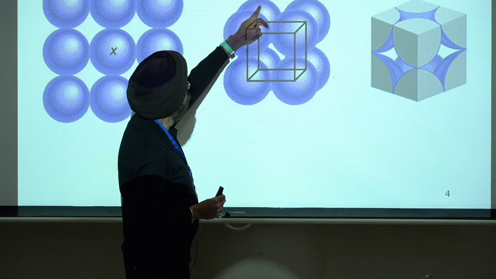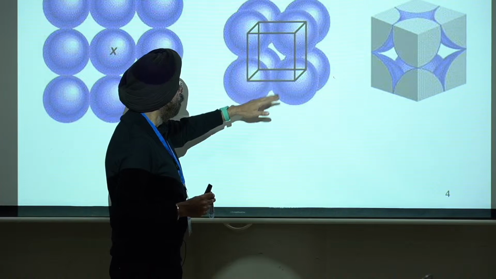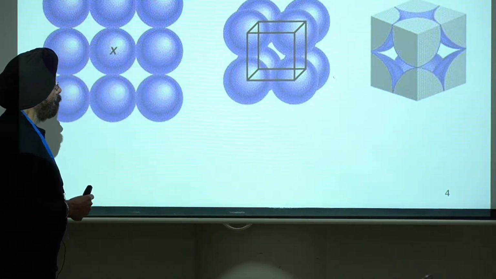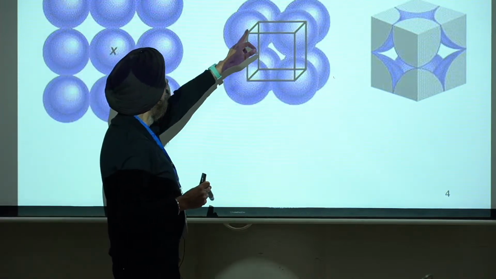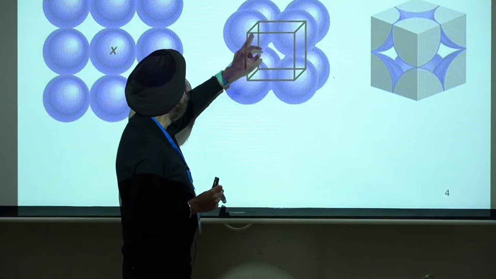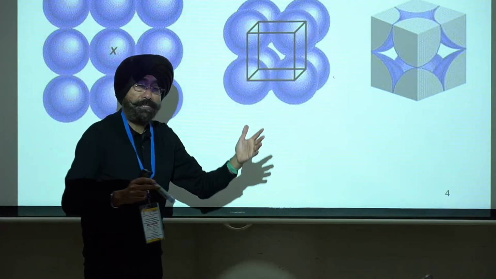The same is the story for the lower atoms. In this way, if I draw a line among all the centers of the 8 atoms, I'm going to produce a cube.